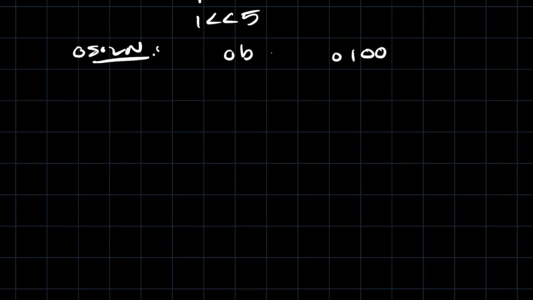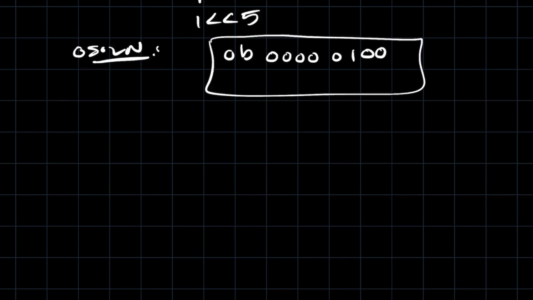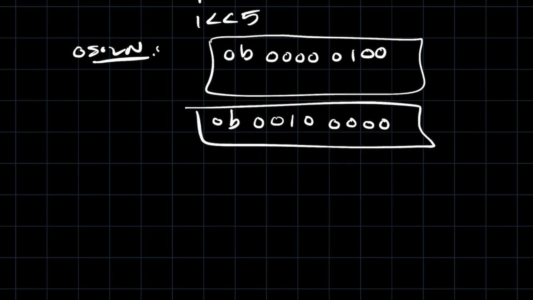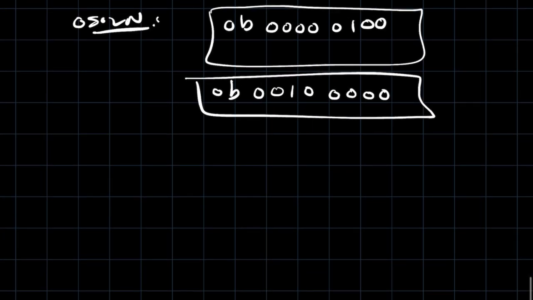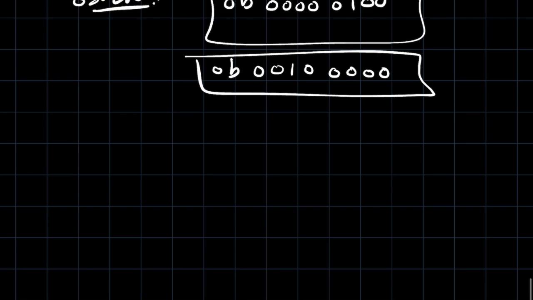So that should be 1, 2, 3, 4. Okay, so that should be the first one. And then for the next one, the 5th position is what looks like the 6th position total, right? So we're counting from 0. That's 0B 0010 0000. Sorry, you're going to have to listen to me say 0 and 1 a lot in this video. So that's how the shift operator works.